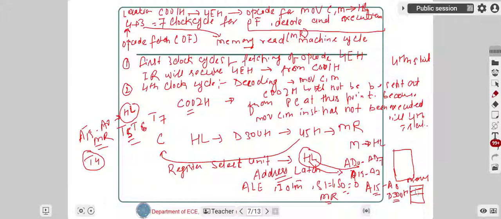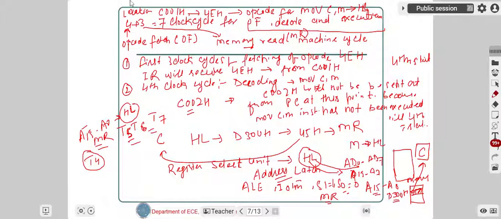Suppose those contents are 45H, that would be copied onto the C register during T7. So this is how the opcode fetch and memory read machine cycles constitute a complete instruction cycle of the instruction MOV C, M.